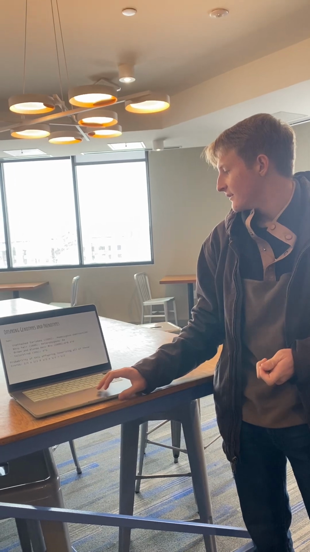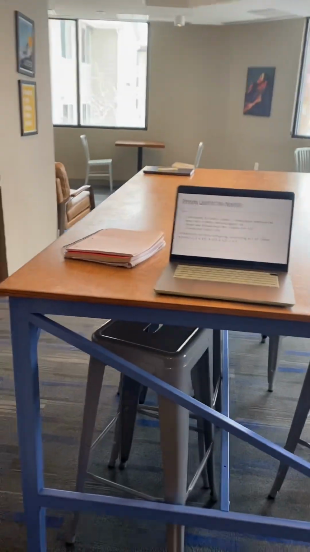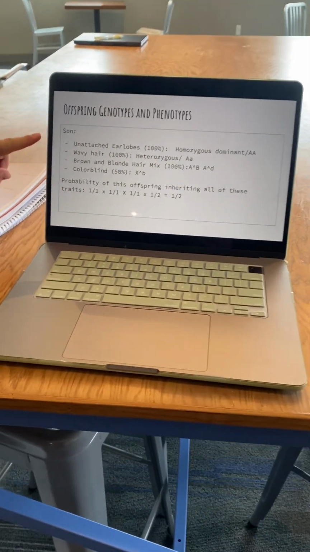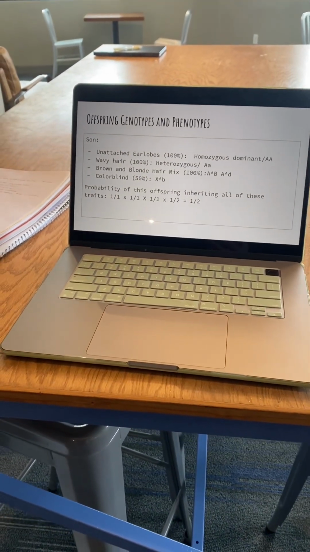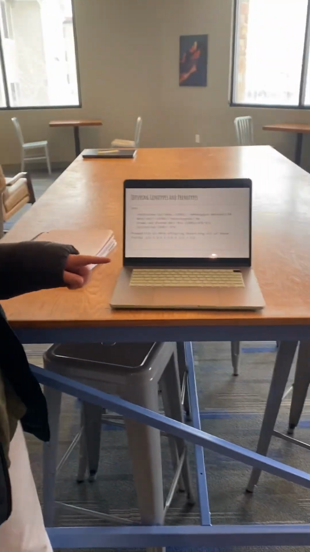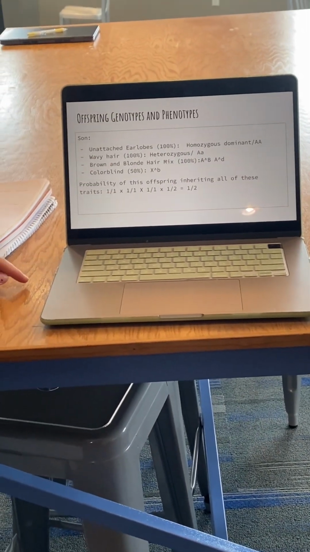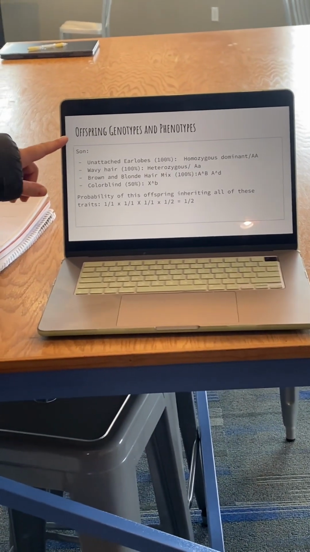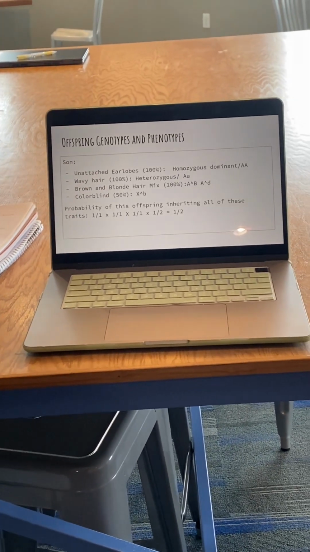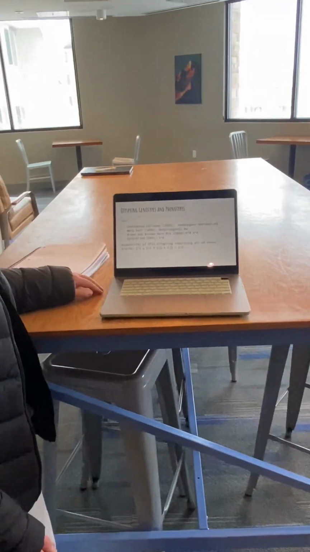And now we're on the offspring. For the son, he has unattached earlobes like both of his parents, and that was the homozygous dominant trait because both of his parents were also homozygous dominant, which means he is too, and that was a 100% chance. He has wavy hair because he is heterozygous, and his mom has curly hair and his dad has straight hair.